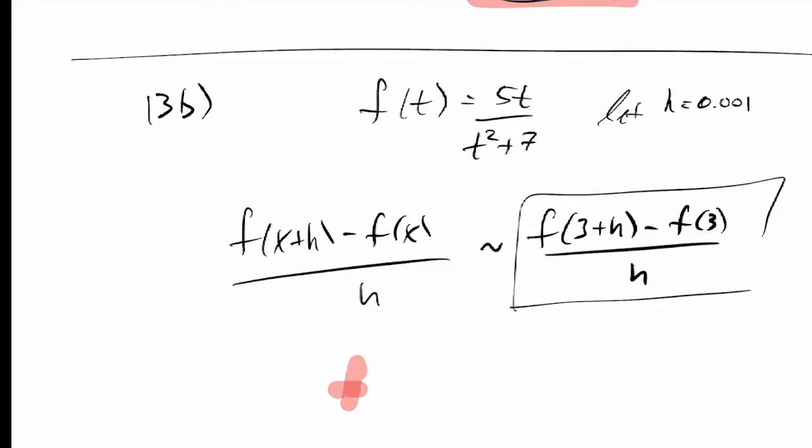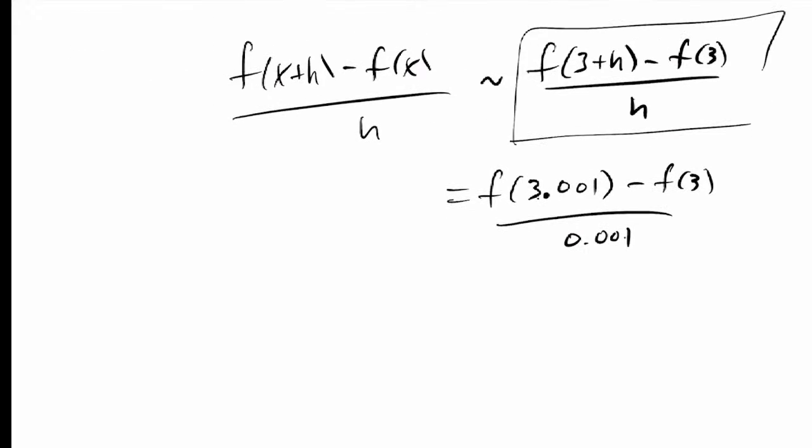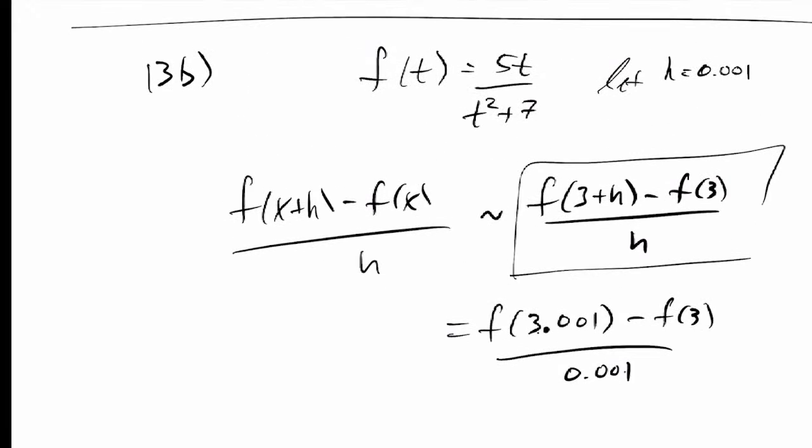So we're really evaluating the function at 3.001 minus the function at 3, divided by 0.001. We just have to calculate that. Let's check it out, and you can check my math on this as well.